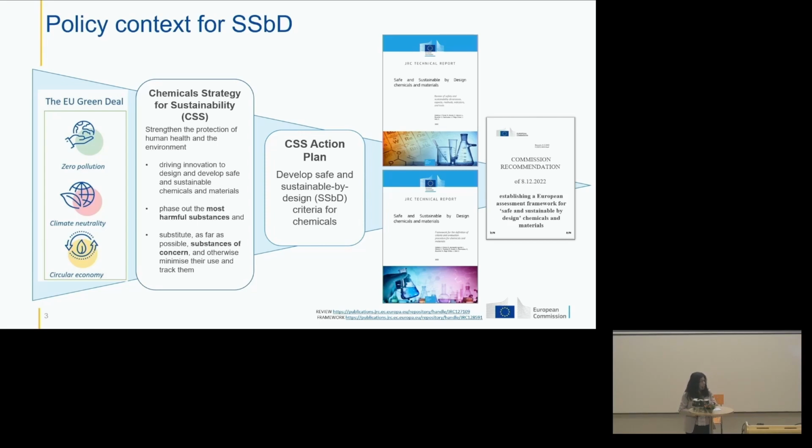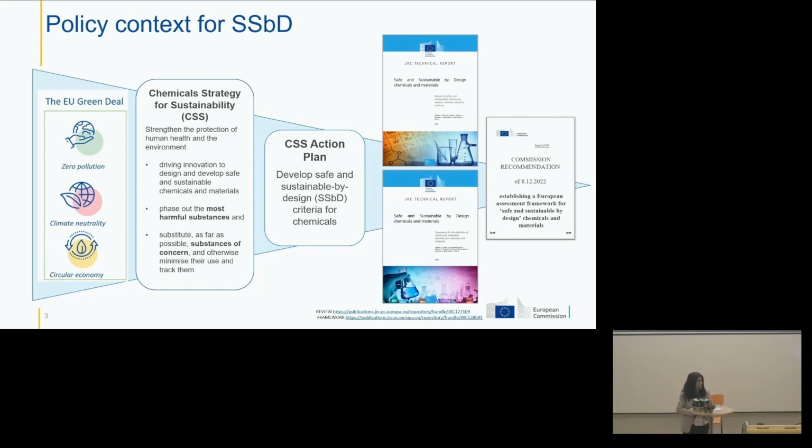And for that, it sets clear objectives like driving innovation towards safe and sustainable by design chemicals and materials, but also phasing out the most harmful substances and substituting as much as possible substances of concern or otherwise minimizing their impact.